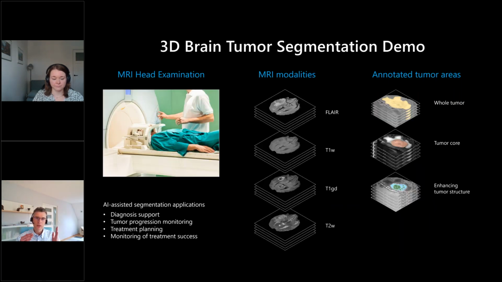So if you think about a head examination in an MRI, for example, what's typically happening is we are talking about 3D images, which means a stack of images is generated, which are called slices, which represent different layers of the head as the scan is performed.